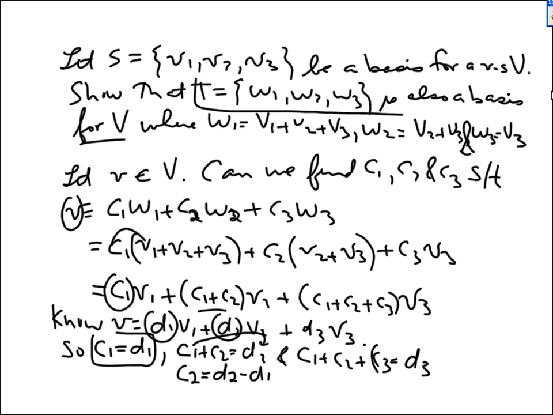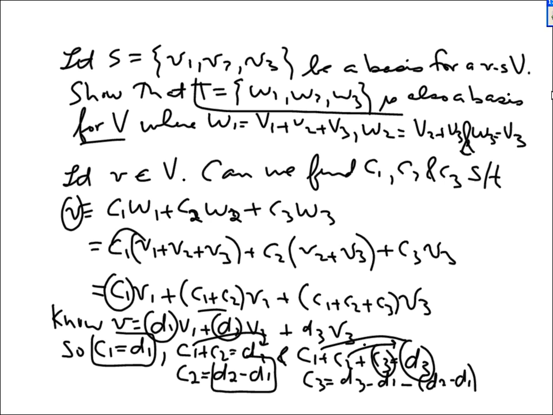And solving for C3, C3 is equal to D3 minus C1, which is D1, minus C2, which is D2 minus D1. You take away D1 and you take away negative D1, that cancels. This is just D3 minus D2.